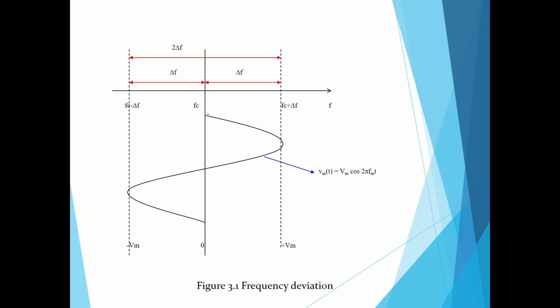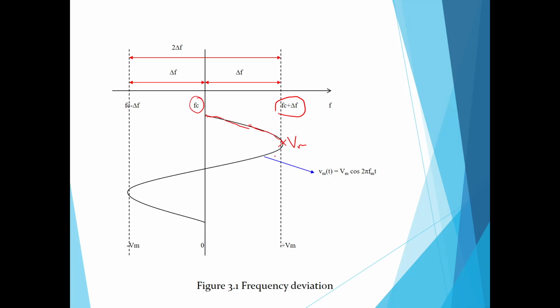So you see that here the center is the rest frequency, the rest or carrier frequency, which is Fc, and when the input message amplitude changes from 0 until positive peak amplitude, which is Vm, what happens to the carrier frequency is that the carrier will reach the maximum frequency.